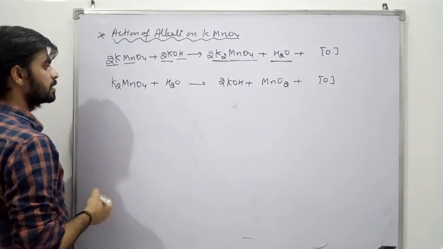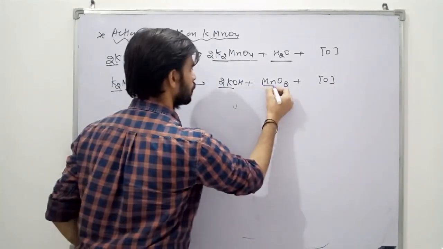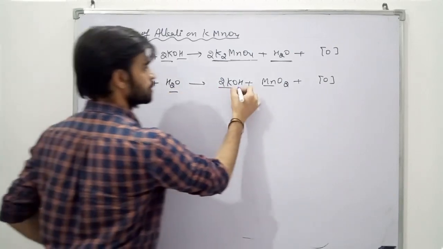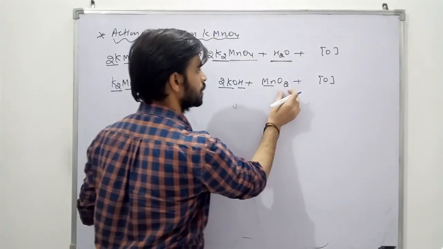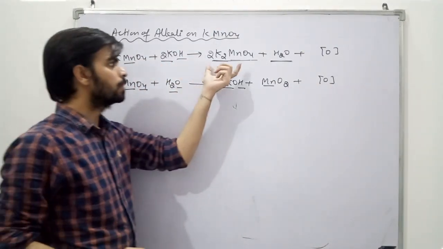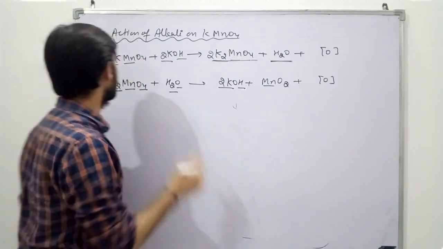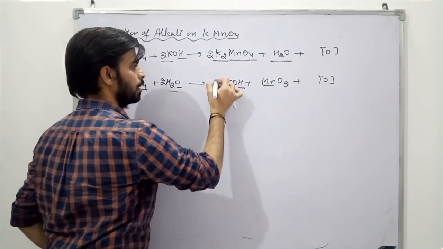Check whether it is a balanced equation or not. Twice of K, 1 manganese, 2 hydrogen, 4 plus 1, 5, 2 plus 2, 4 plus 1, 5. But as we have 2 molecules of KMnO4, we have to multiply this equation by 2.